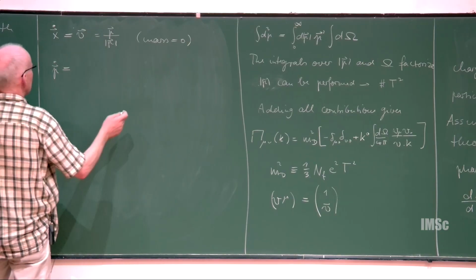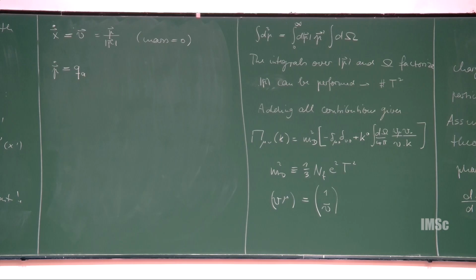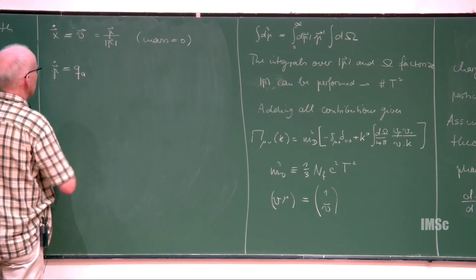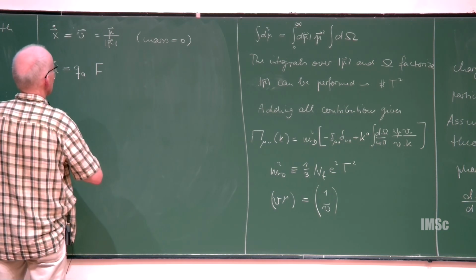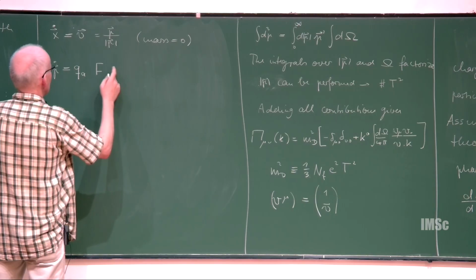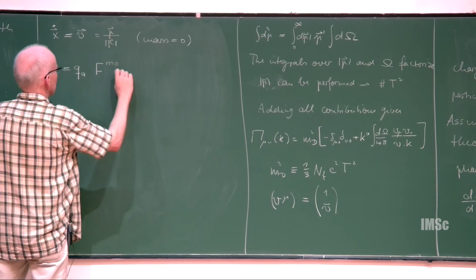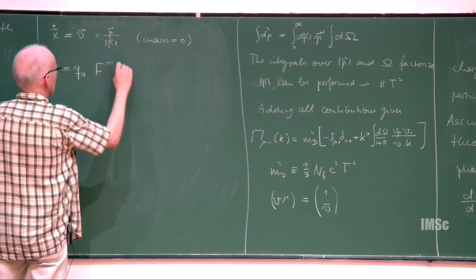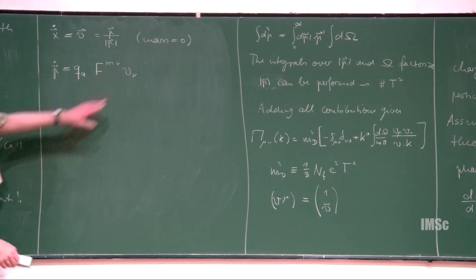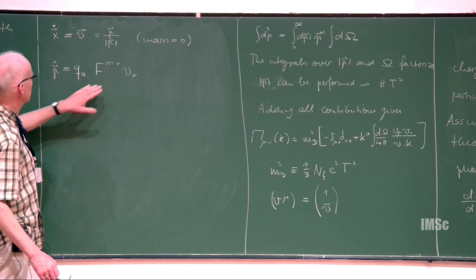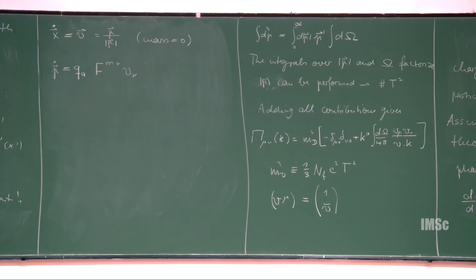It is the Lorentz force acting on the particles, so it's the charge times the field strength F mu nu v nu. We can write it like this: the zero component of v is just 1, then it's the electric field times q, and the spatial components give you v cross the magnetic field.